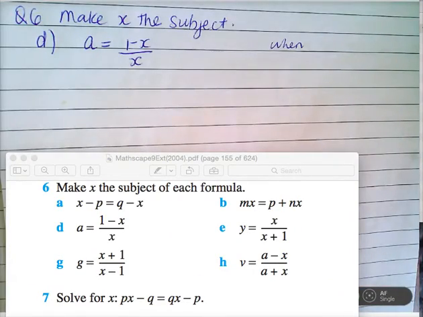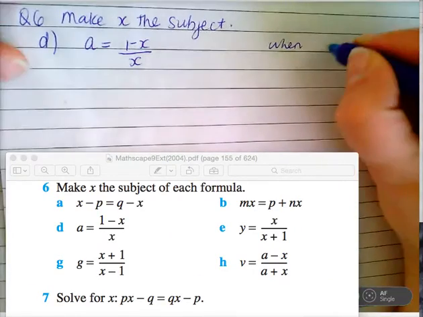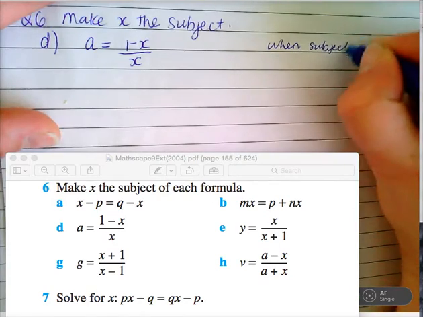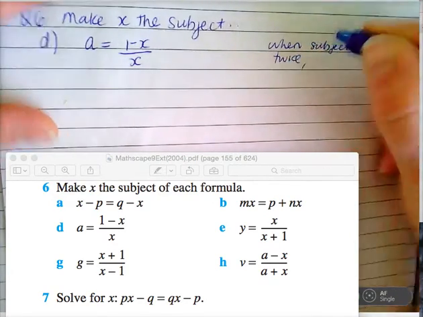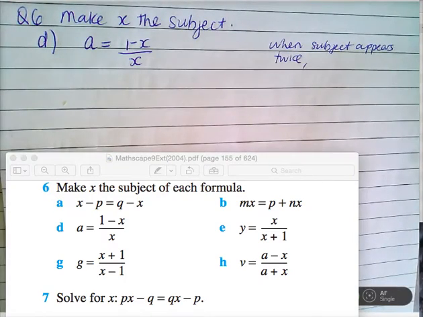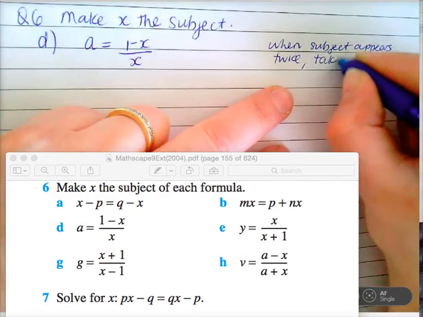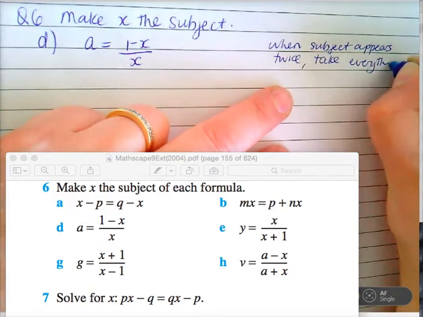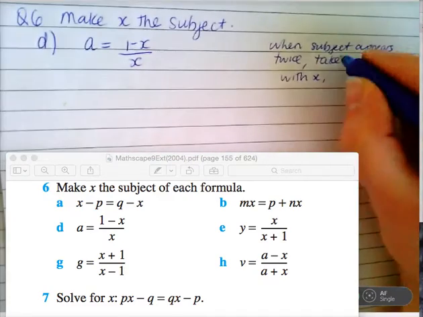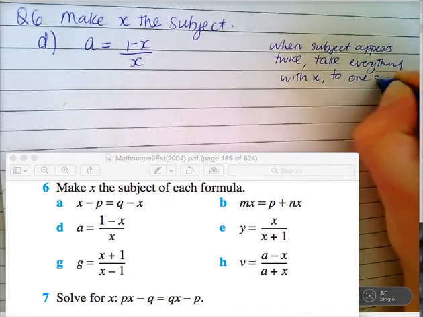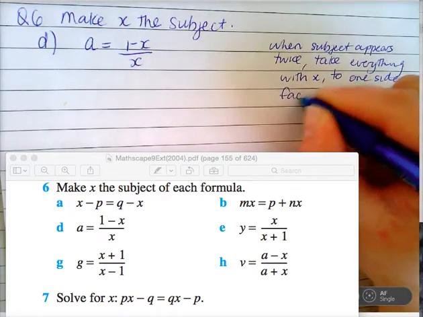Subject appears in two places. When the subject appears twice, the problem is you want it to appear only once. You need x equals something at the end. You take everything with x, with your subject, to one side, and then you factorize.